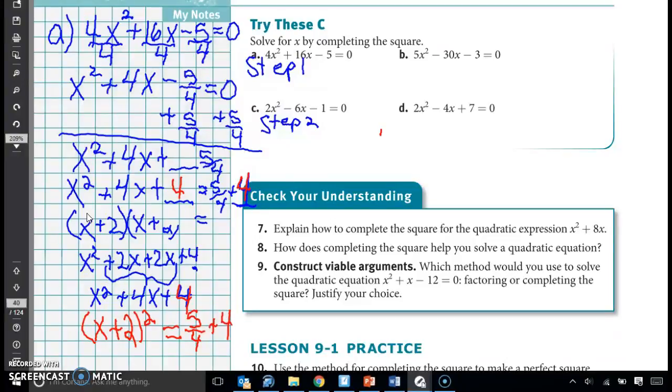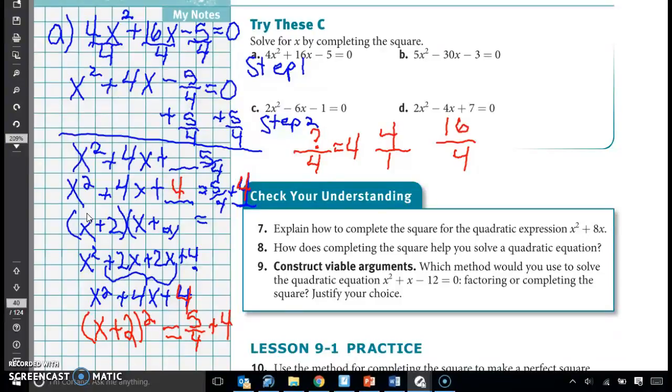Well, 4 is 4 over 1. How do I make it so there's a denominator of 4? What number divided by 4 equals 4? 16.